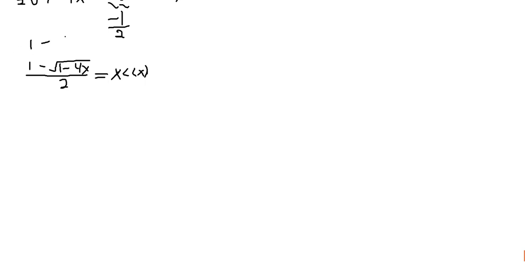So we'll end up getting 1 minus, and that's going to be positive 4x, and I'll divide by the 2. So this is equal to 2x divided by 1 plus, so here we have the conjugate.